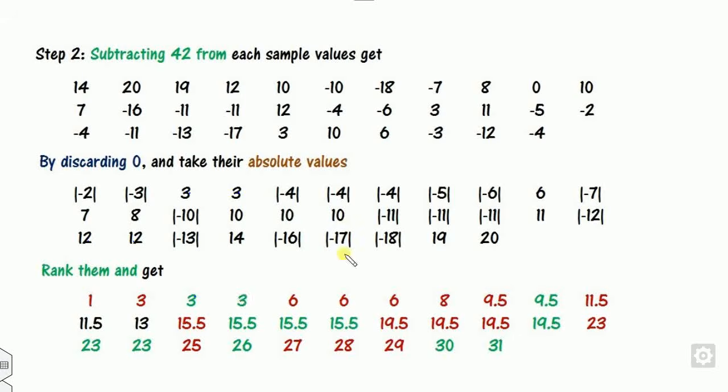Now once you have ranked them, you will calculate the T positive and T negative. Look at that, this number is negative. All those colors which are green correspond to my T positive, so we will calculate this.